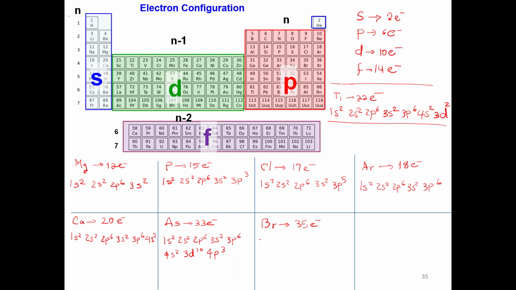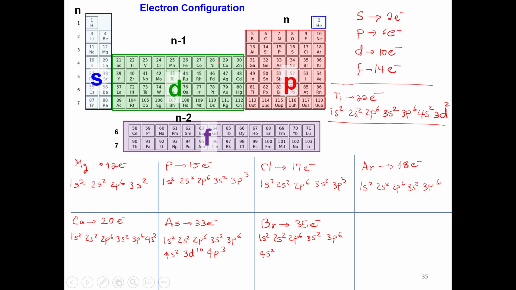Then we will write here 1s2, 2s2, 2p6, 3s2, 3p6, then 4s2.